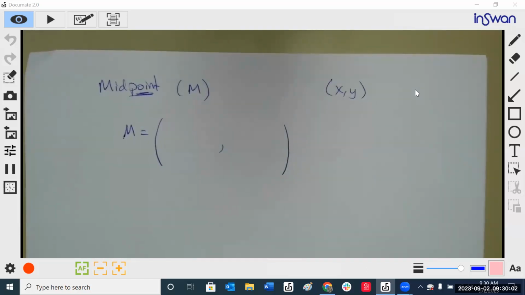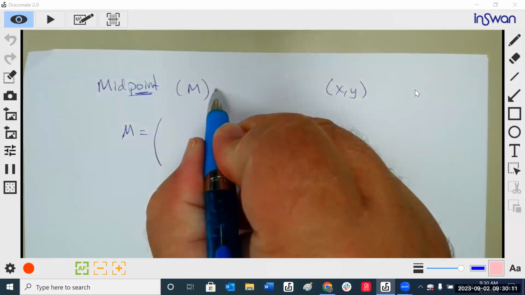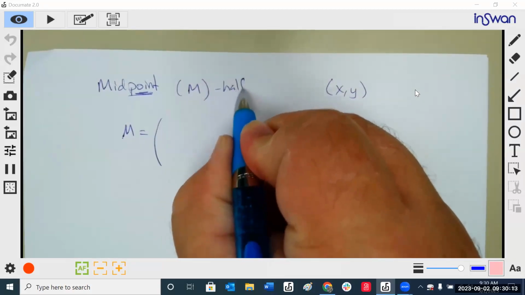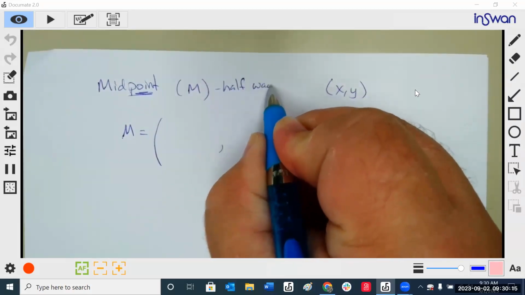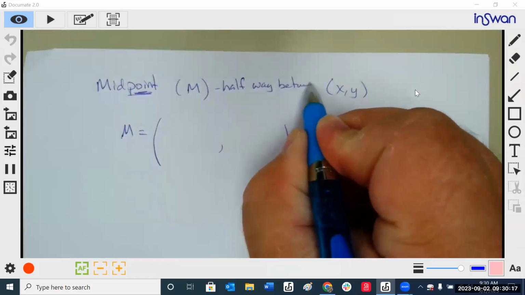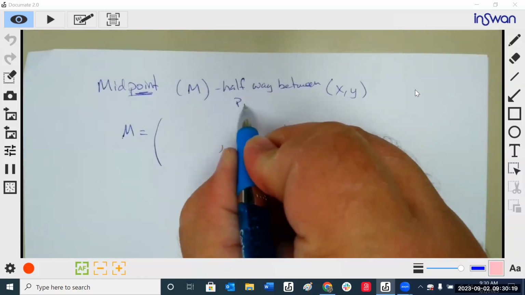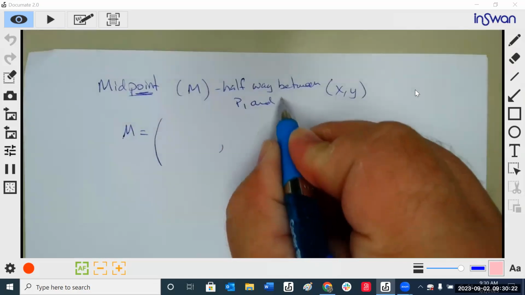So with the midpoint, we do the same thing. Remember, midpoint is halfway between point 1 and point 2.